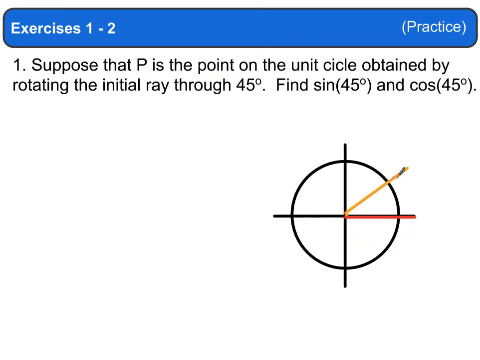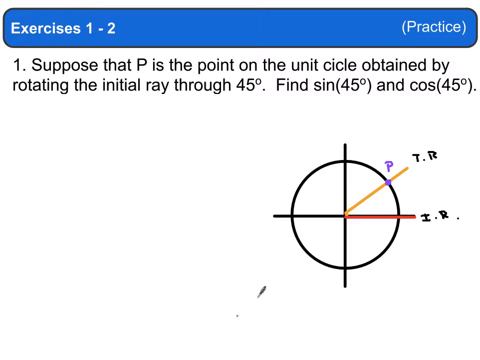And so here's going to be our point P. So what is our question asking? Suppose point P is on the unit circle and obtained by rotating the initial ray, so we'll just denote this as IR, initial ray, through 45 degrees. So that makes this the terminal ray.